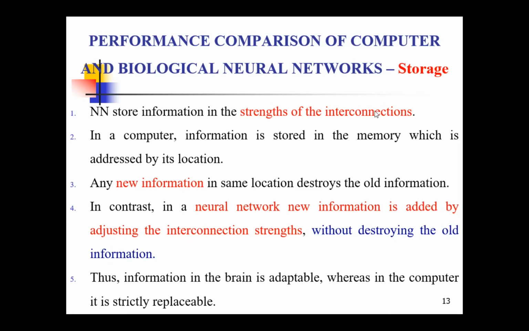So the information available in the brain is adaptable, whereas in the system it is strictly replaceable. For example, if I have a specific memory only, say 1 GB or 2 GB, and the data exceeds that, then the old data has to be replaced with new information, or I have to replace that memory with a higher capacity, for example 1 TB, 2 TB, likewise.